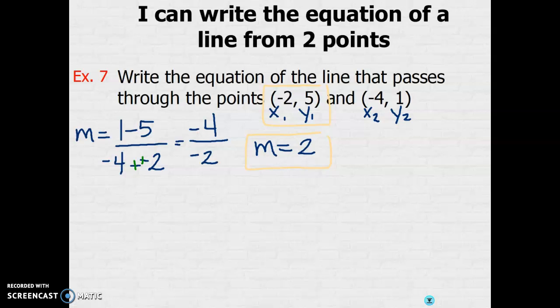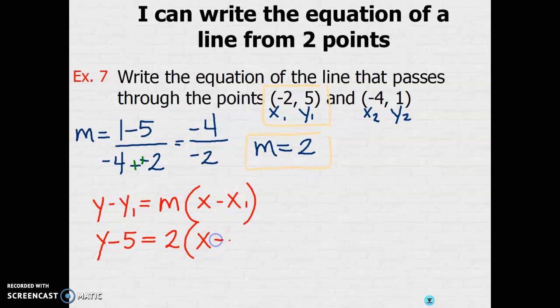And then I'm going to use my x1, y1 to again plug into this all so familiar formula. We had it memorized perhaps once upon a time, and maybe we remember it already. So this becomes y minus 5 equals 2x minus -2. I need to distribute.